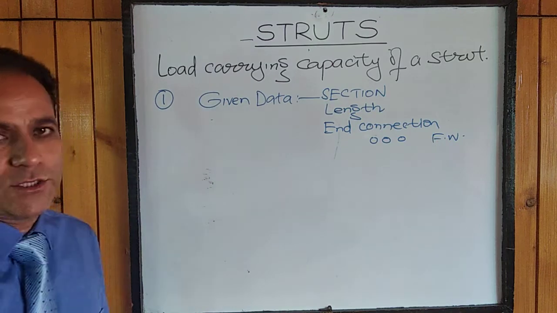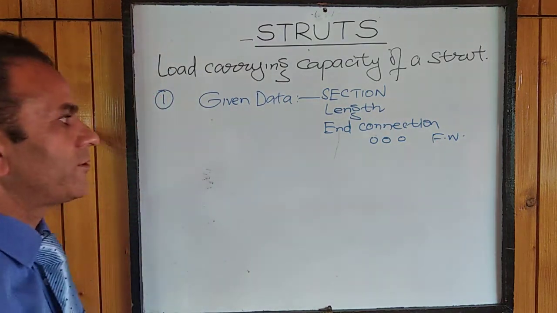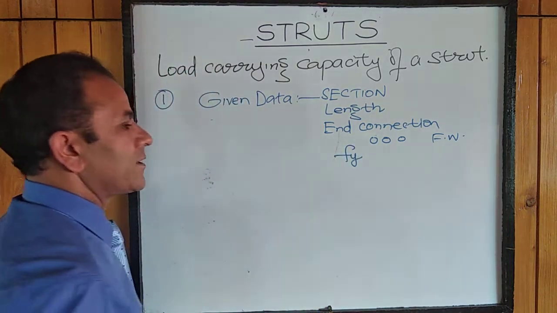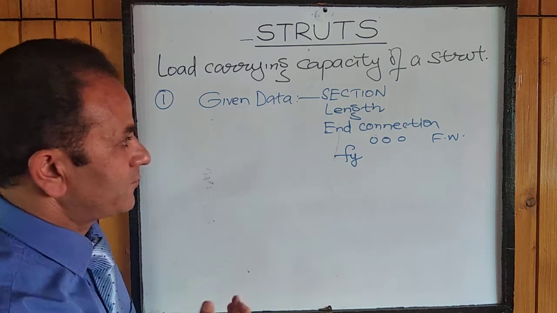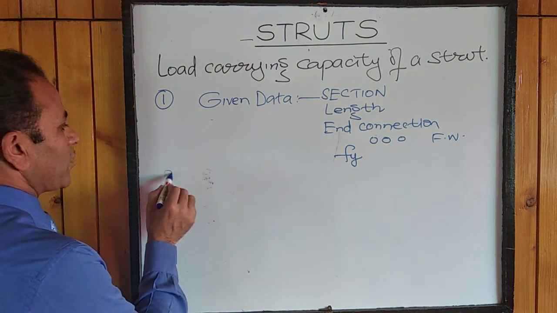This data is required to find out the L and the modification to sigma AC if required. This is needed, and we should also know the yield stress of the structural steel for these load carrying capacity calculations.